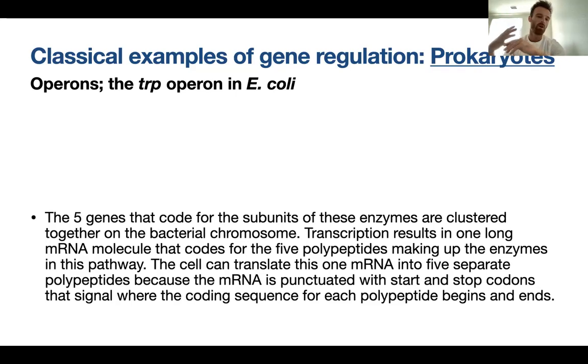So when that mRNA reaches the ribosome and is being translated into these protein products, these enzymes, they have separate start and stop codons, which signal the ribosome to begin a new protein and end the old protein for all 5.